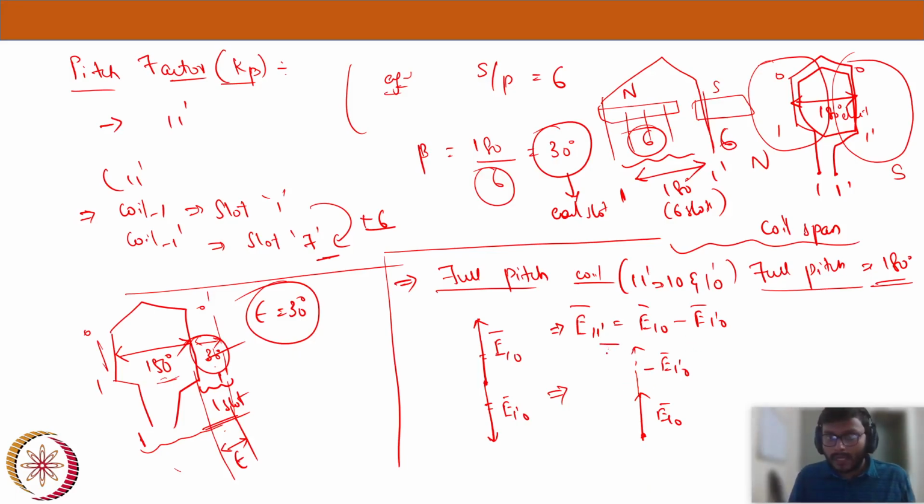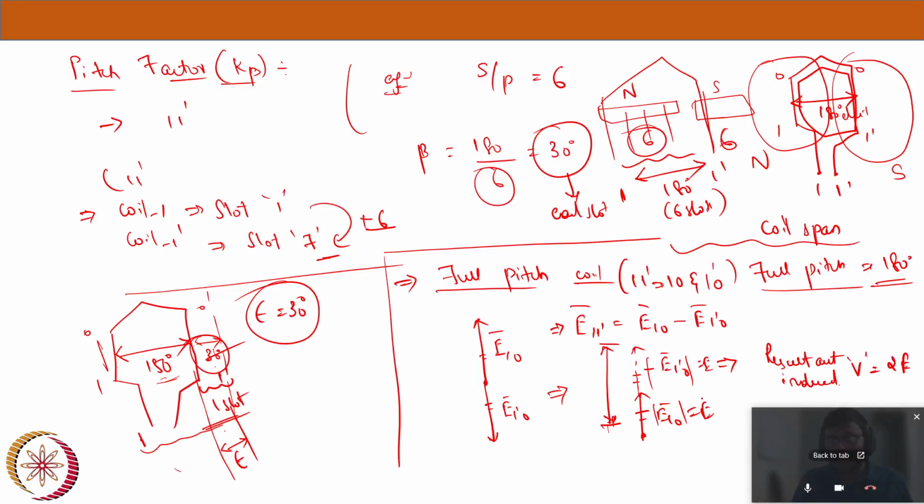So the total magnitude is what I am interested in. I already told you that these are of equal magnitude. If the magnitude of this one is E and the magnitude of this one is E, my total resultant induced voltage equals 2E.